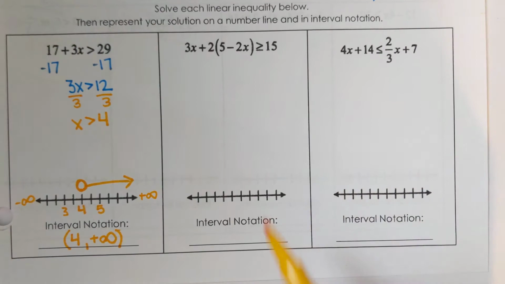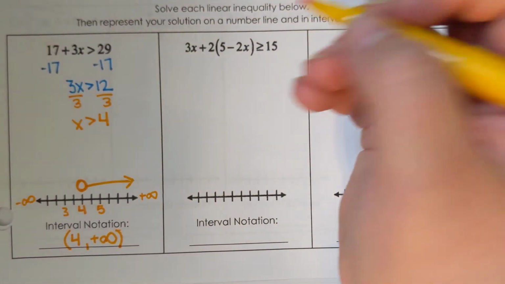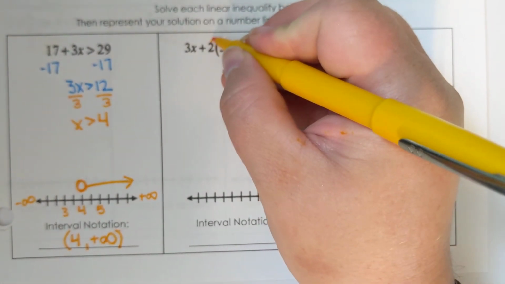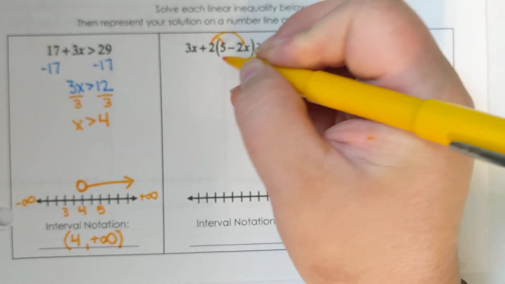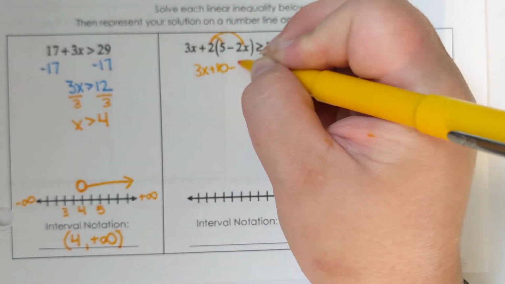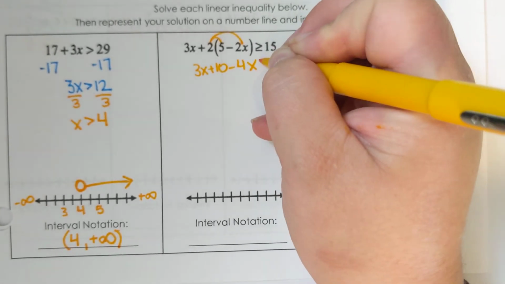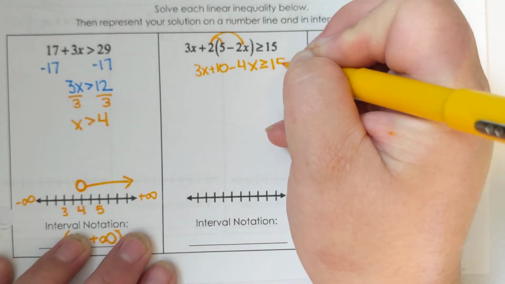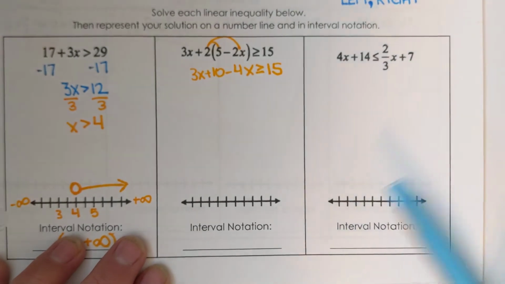Okay, over here, you should know that you have to multiply this 2 first, because that's distribution. Boom.